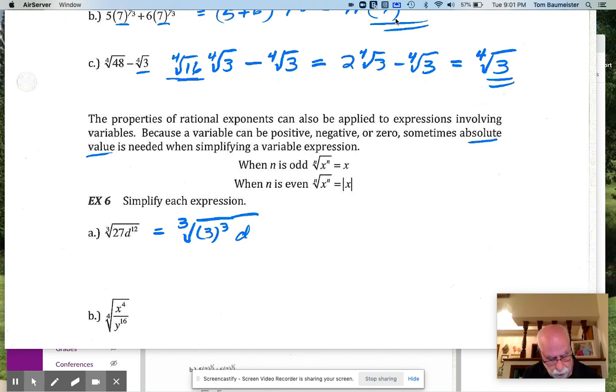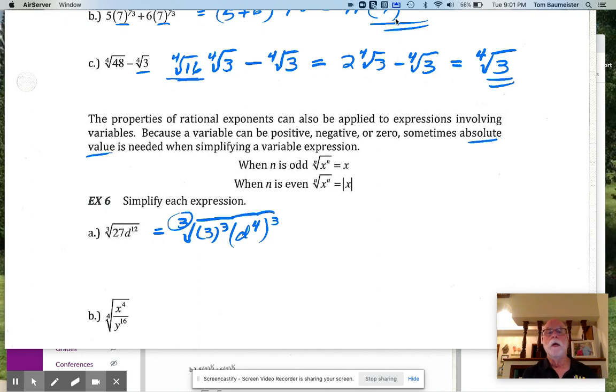And again, what I want to do here is get d so that it has a cube there so I can get rid of it. Now remember, I can do a power raised to a power. So 3 times what would equal 12? And you would say, oh, it's 4.